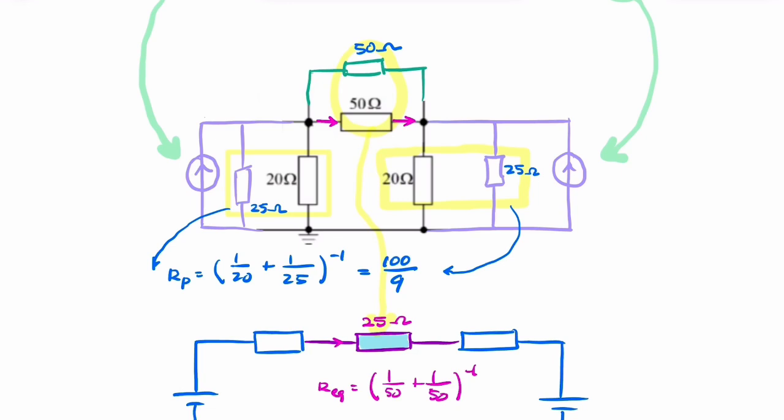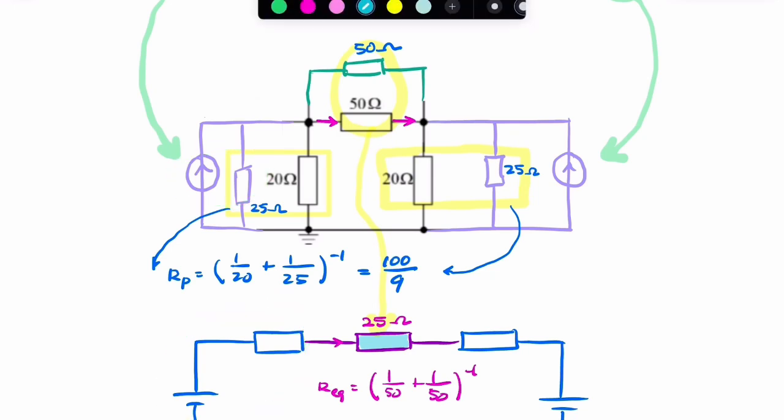Okay, so these two parallel resistances will combine into one, and then I can now convert my current source back to a voltage source.